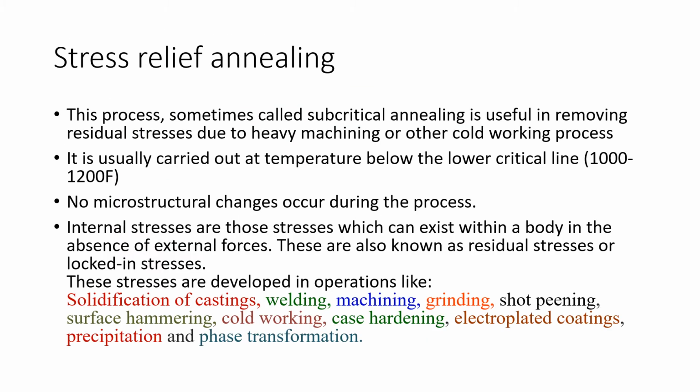Stress relief annealing. This process, sometimes called subcritical annealing, is useful in removing residual stresses due to heavy machining or other cold working processes. It is usually carried out at a temperature below the lower critical temperature line, which is usually between 1000 to 1200 degrees Fahrenheit.